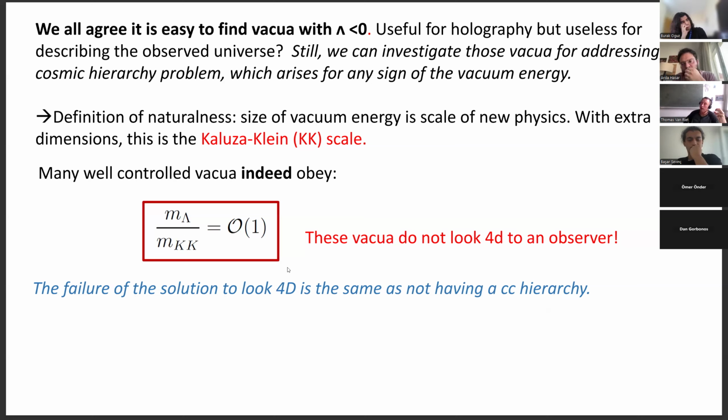So if I need to enforce that I can use 4-dimensional quantum field theory, because that's the framework where we define the notion of the cosmic hierarchy problem, then the extra dimensions have to be very small. And the Kaluza-Klein scale has to be very high.